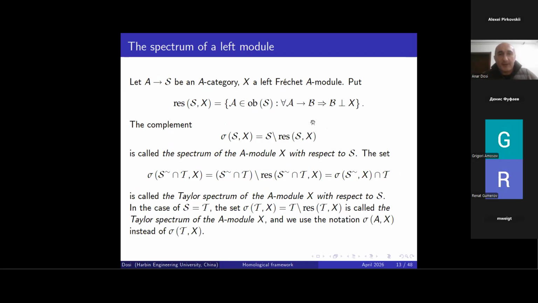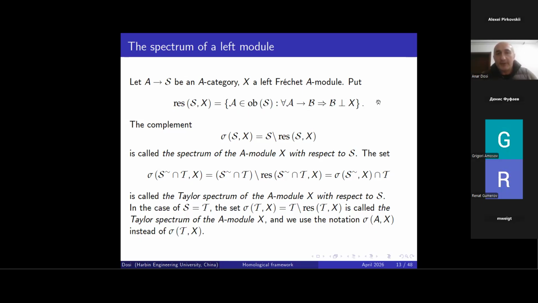So let me pick up all algebras or objects from the resolvent set with respect to the module X. So A is a point, or whatever object, from this set if this holds: for every morphism from this category from A to B, B is in the transversality relation with respect to X, because B is automatically a right module over the base algebra.